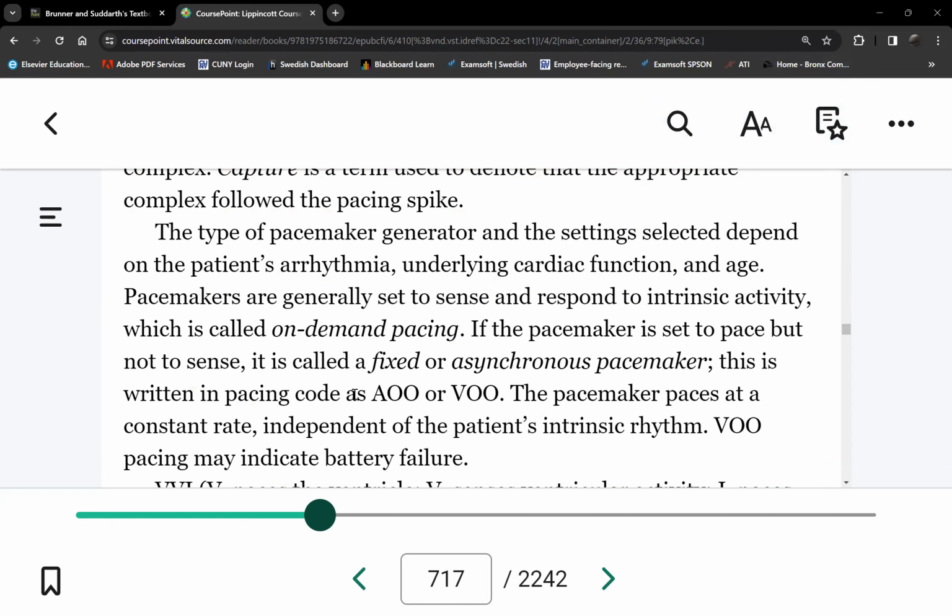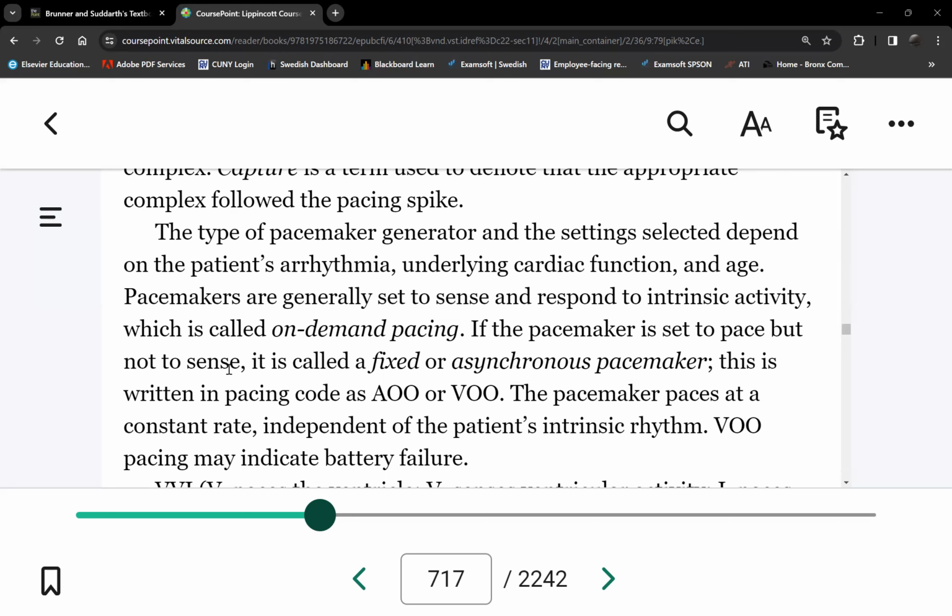When we say on demand, the SA node is still firing. It's still functioning. However, is it likely to perform its job consistently? No. So in that case, the doctor will set the patient's pacemaker at on-demand setting.